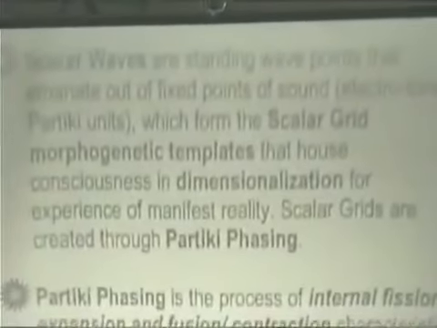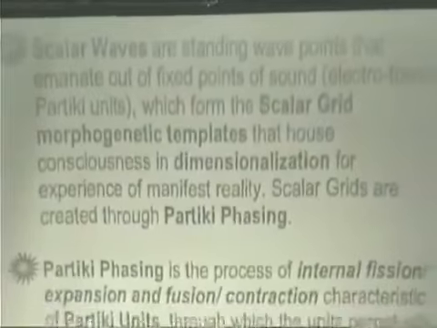Now this I didn't read to you yesterday, but we talked about Partakai phasing. We talked about the standing scalar waves of Partakai, Partakay, and Partakam that literally form the scalar grid of which the particles that become matter are composed. These are the form that our consciousness takes on in order to enter the manifestation grid where an experience of 3D reality can happen.